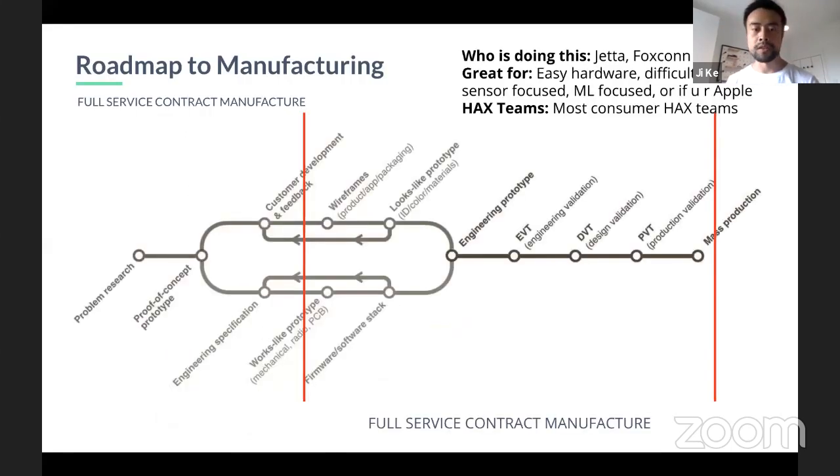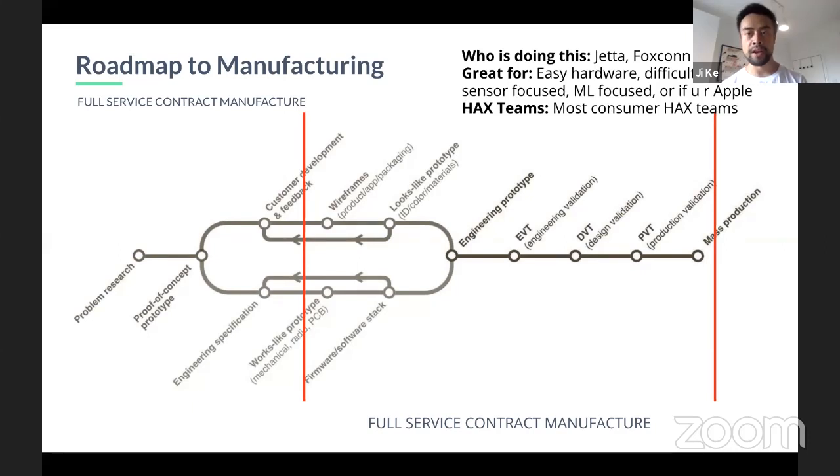So most of the startups, though, will fall into this category, which is a full service contract manufacturer, right? Apple does it, Foxconn, etc., and smaller startups are also able to benefit from this. In fact, most of our consumer startups do fall into this category, and some of them do manufacture with Foxconn, some manufacture with Flex.